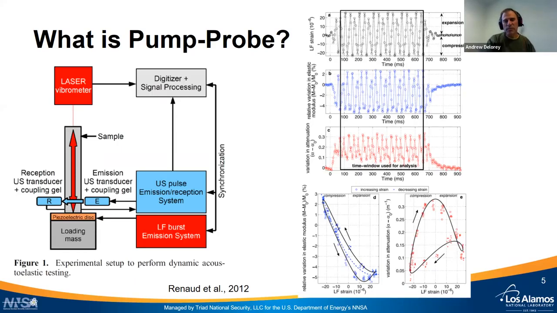And so we see this sort of exotic behavior where the response, the modulus, depends not just on the strain, but on the strain history. And so this gives us a rich amount of information about the material properties and what's happening at the internal contacts, like grain boundaries and fractures and things like that.